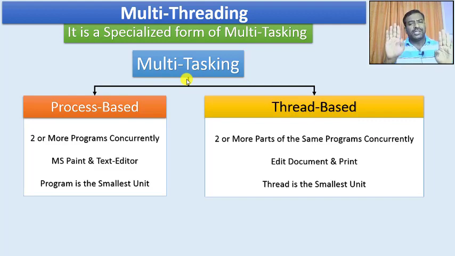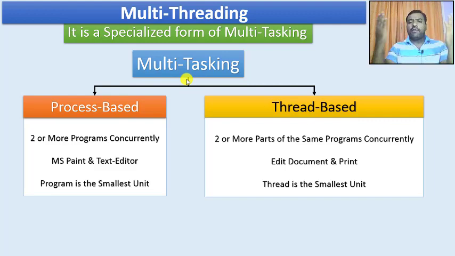Clear? Now just drop one program and keep the same program. In the same program, if I have multiple parts and I execute each part concurrently, we call this also multitasking.